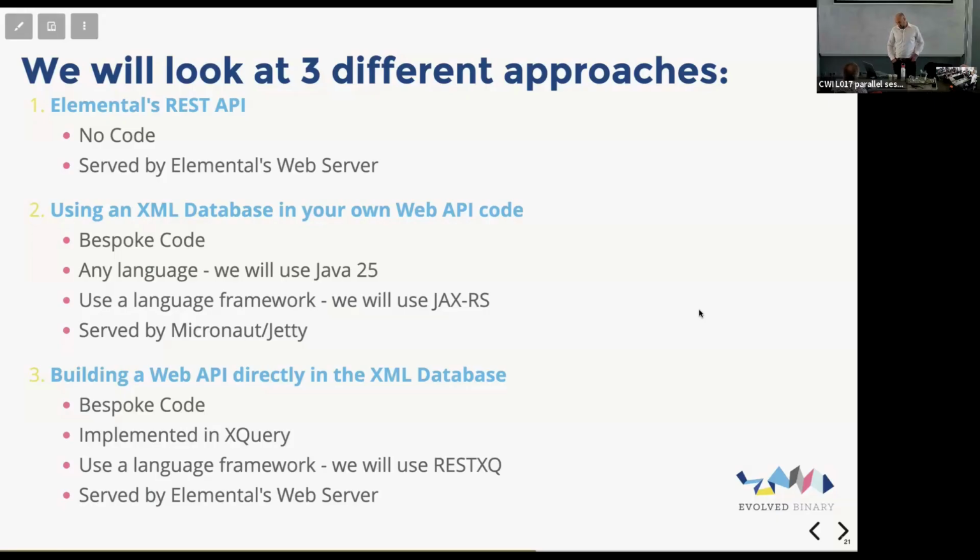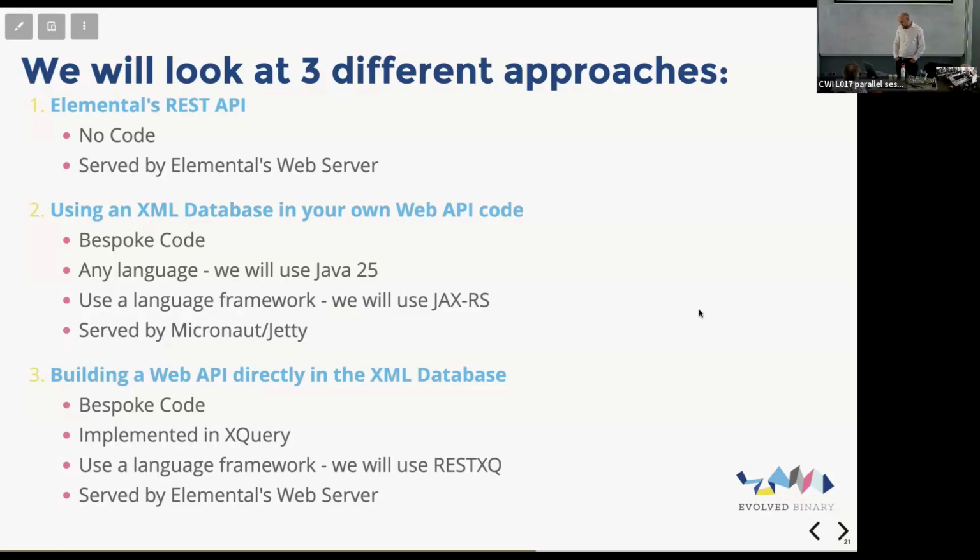And then we're going to look at 2 other approaches. The first approach is you build your own web API server. You can do that in any programming language that you like, really, I guess. I've used Java. You can use Elemental either as a server, or if you're using Java, you can embed it into your own Java application just as a little library.